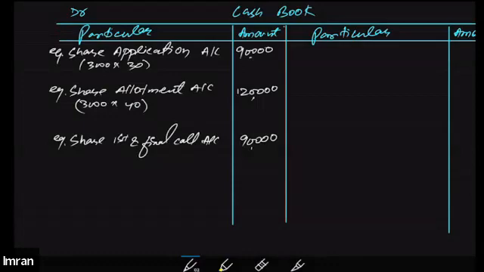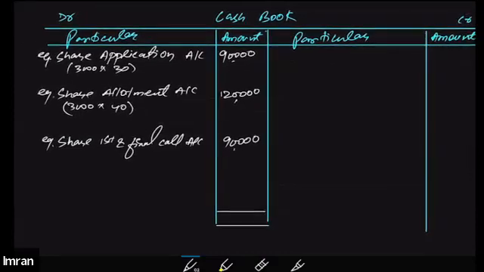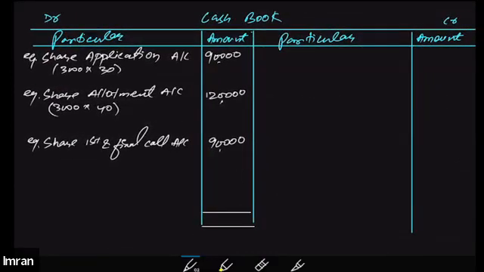Okay, now since there is nothing on the credit side of the cash book, we will just total the cash book debit side. So it will be 3 lakh. And since there is nothing on the credit side, this will be the closing balance of the cash book.